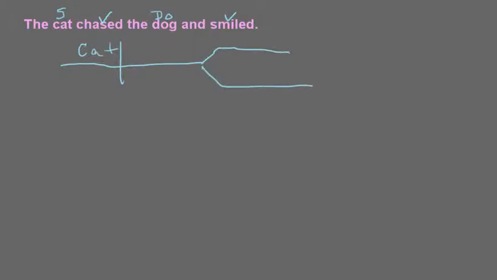And I have chased and smiled. And. Okay? Now, one of these verbs has a direct object, the other one doesn't. And we already know it belongs to chased. Chased dog.